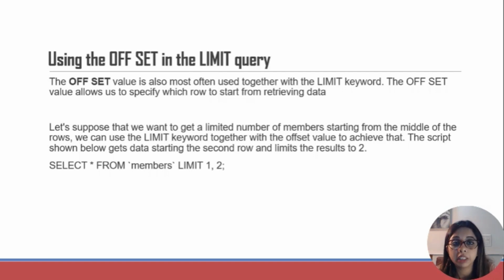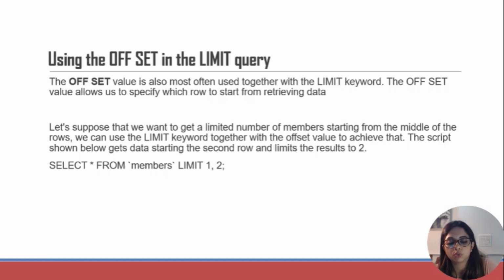What is the meaning of offset? Let's say you want to start from the 3rd row. Your offset will be 2, so after 2 you want to see, comma, how many rows you want to see. Let's say you want to see 10. You'll write 2 comma 10.